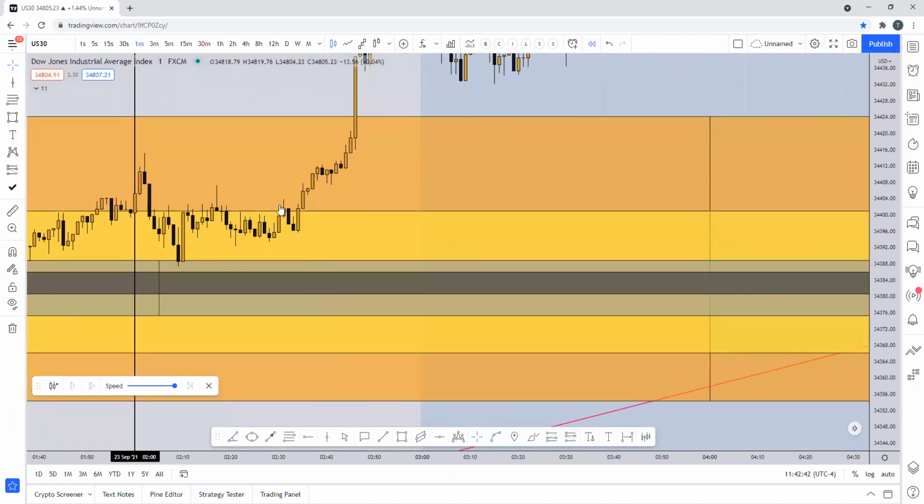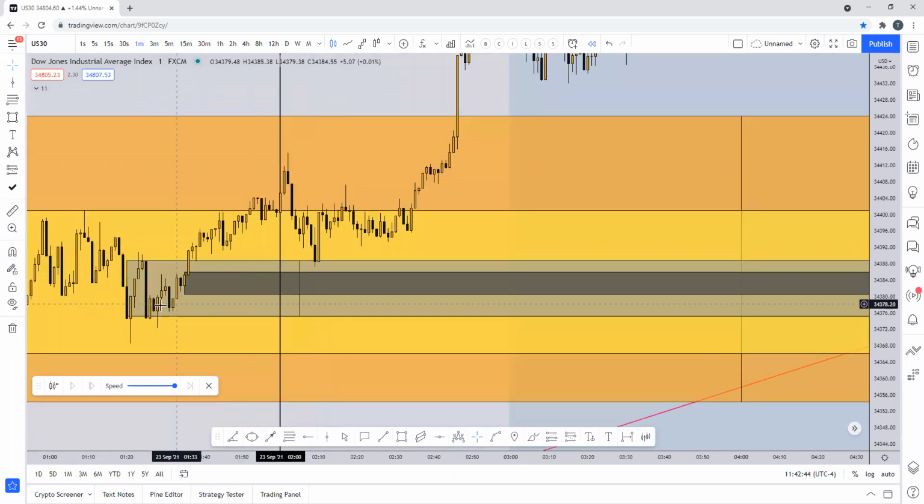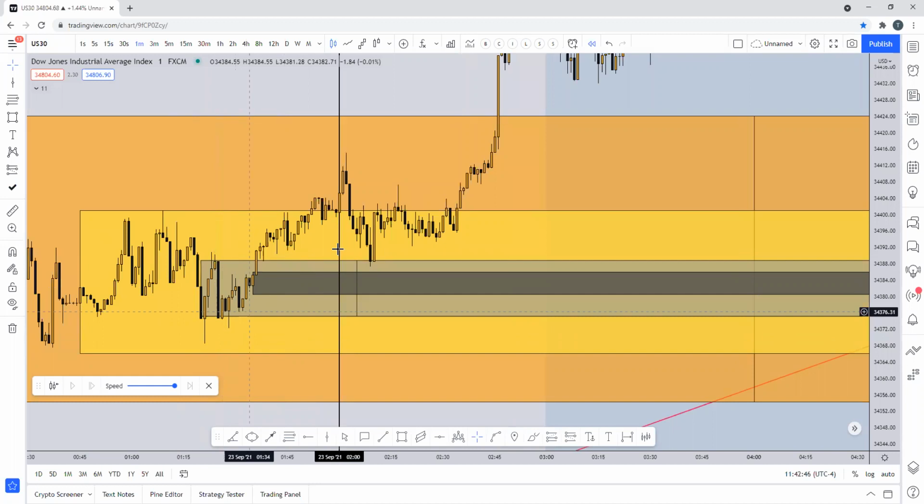Again, we're following structure. This is where I drew the line here. Everything to the right of this, none of this had happened as of yet.